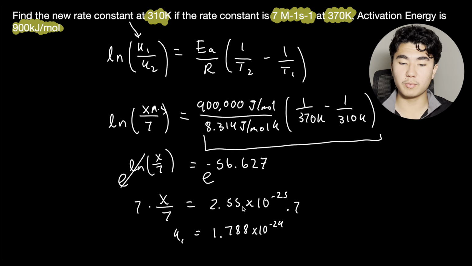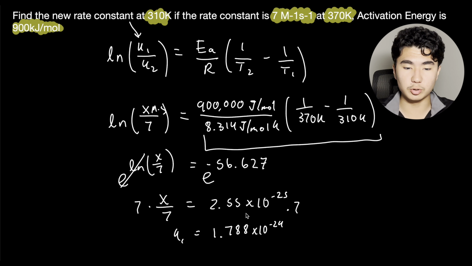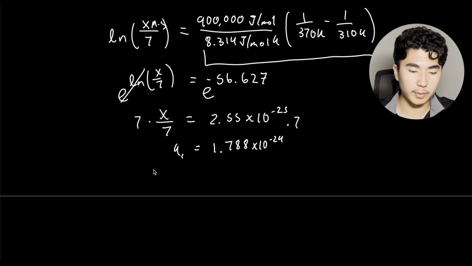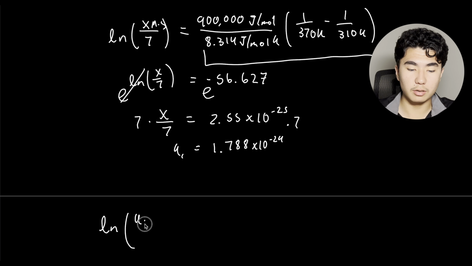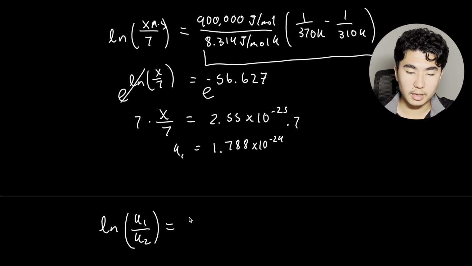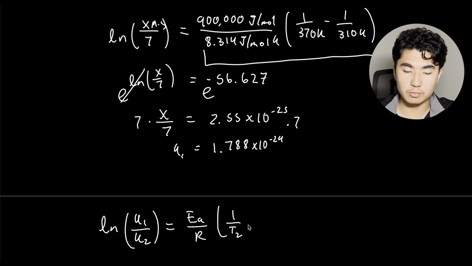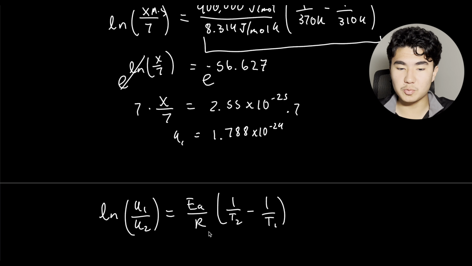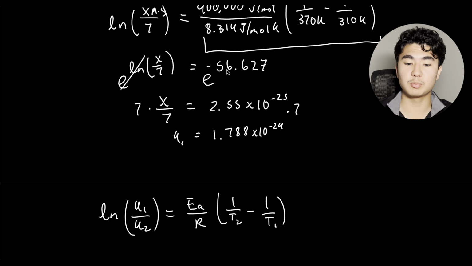So we just found our rate constant, and if we wanted to double check, we go back to our formula, which is ln of K1 over K2 equals activation energy over R times 1 over T2 minus 1 over T1. We really don't have to solve this again because we already know it's going to equal negative 56.62.